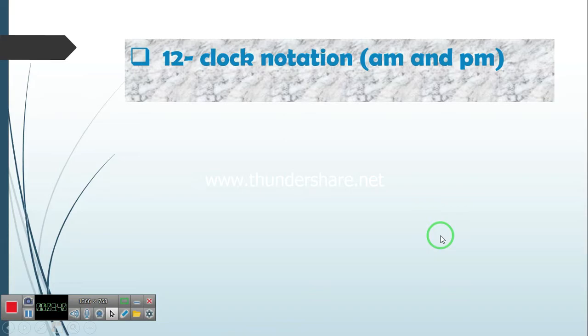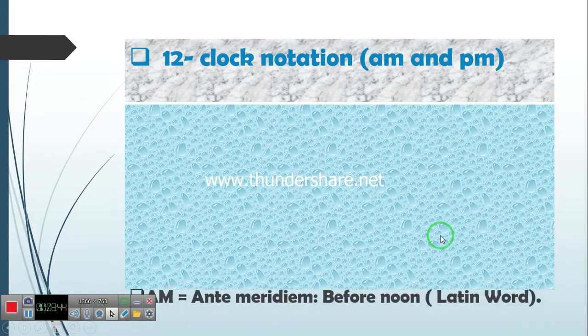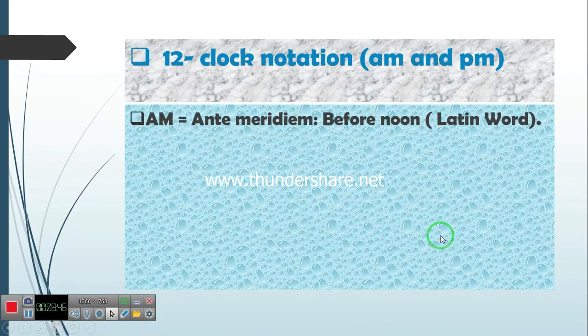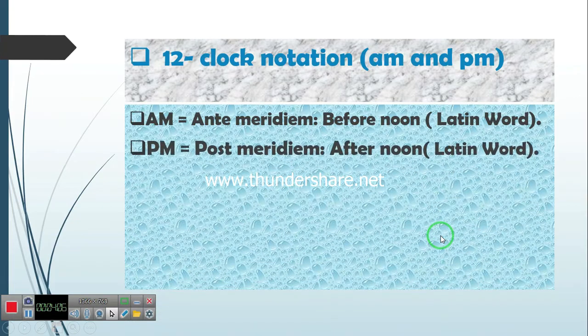First, I want to introduce what AM means. AM comes from a Latin word: ante-meridian, or before noon. It covers the time before 12 in the afternoon, counting from 12 midnight. This is what we regard as AM. The second, PM, is post-meridian.